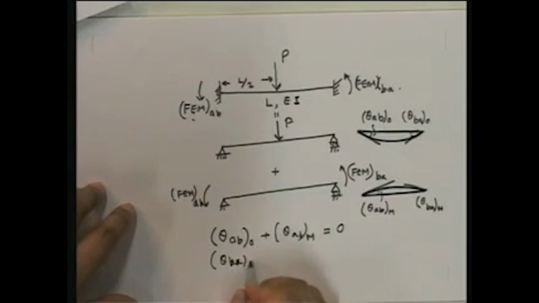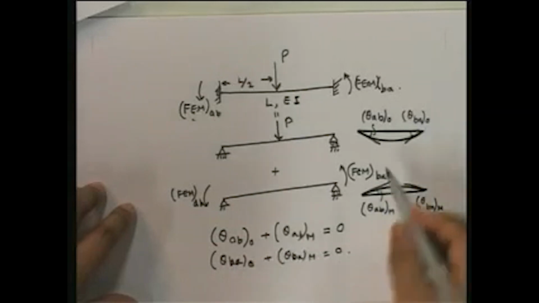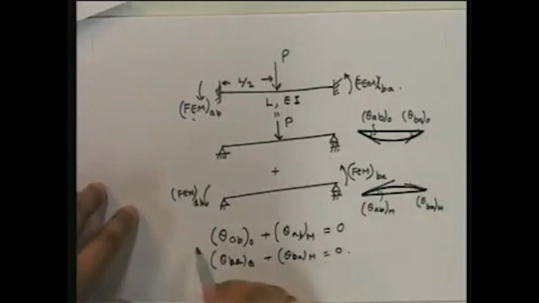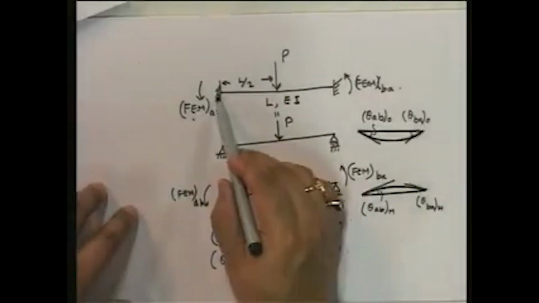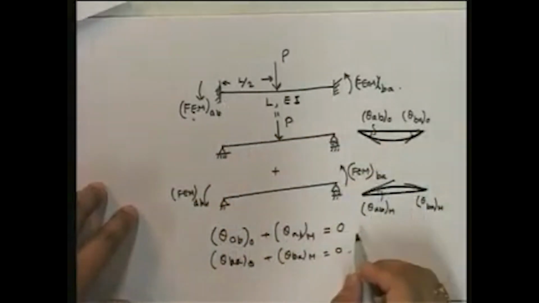Theta BA 0 plus theta BA due to the moment is equal to 0. So, therefore, you see you have this compatibility that you have to satisfy, that the moment at this point is equal to 0.